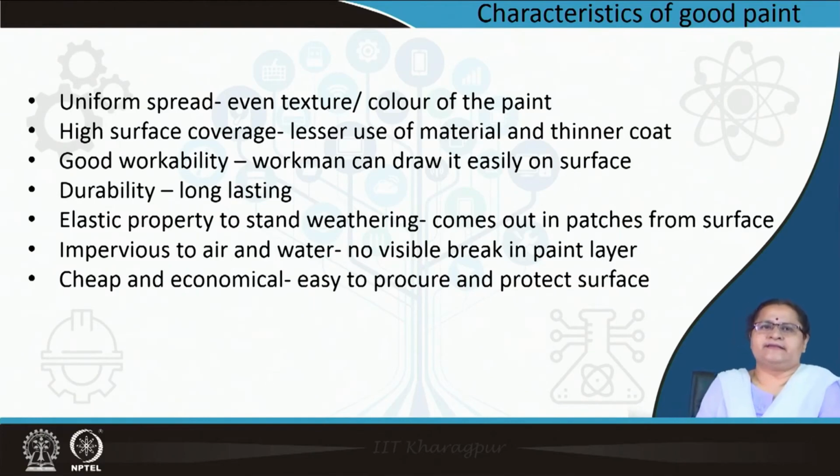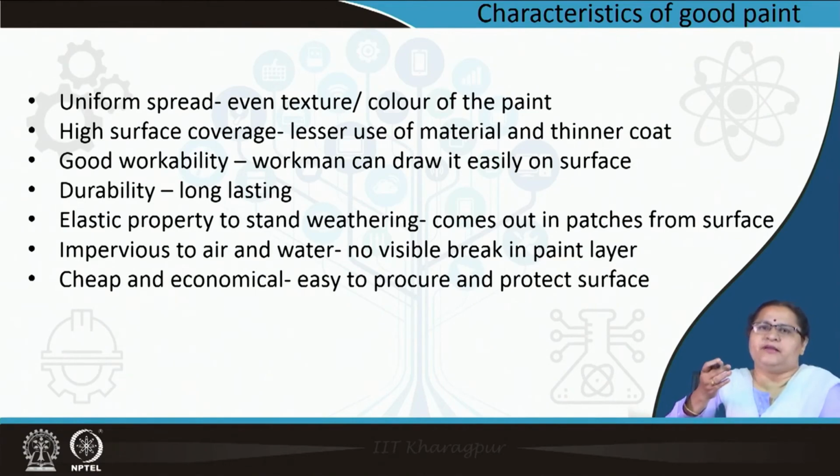It should have high surface coverage. So, that means what I had talked of, the amount of paint required to cover say 10 to 12 square meters per liter, that is the coverage. More you can cover, what will happen? The layer will be thinner. 60 to 150 micron is a big range.